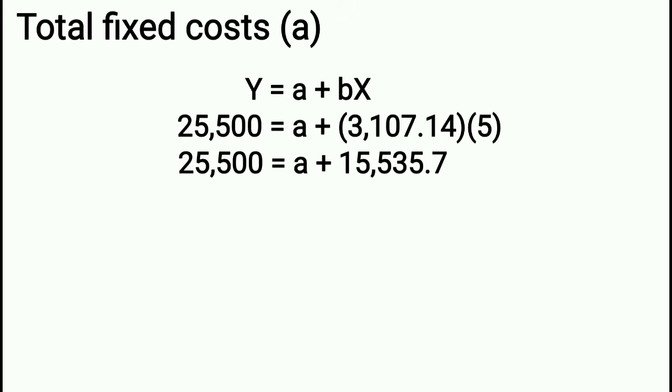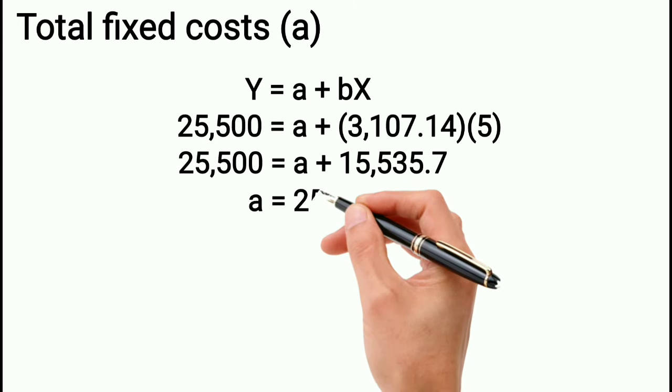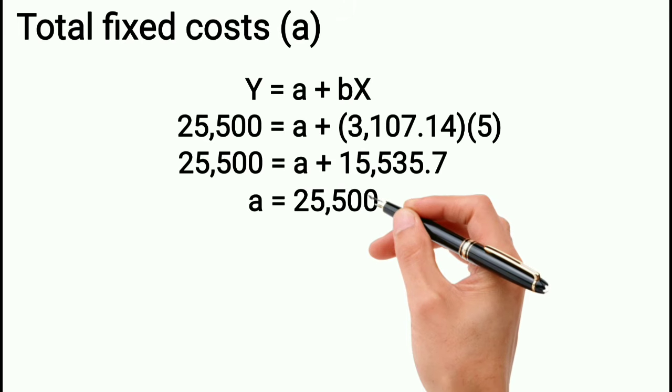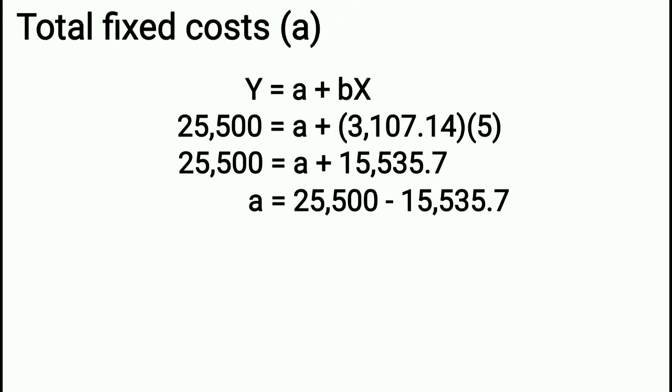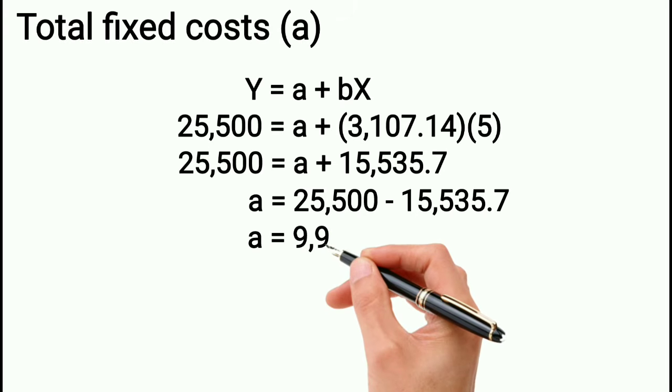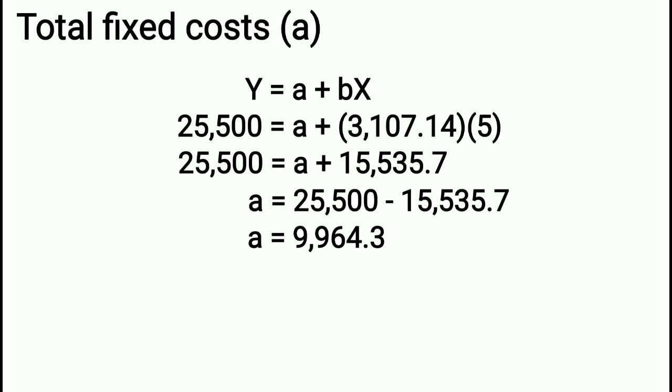Since ang kinukompute dito is yung fixed cost or A is equal to 25,500 minus 15,535.7. That will become A is equal to 9,964.3. And that 9,964.3, that is the total fixed cost.